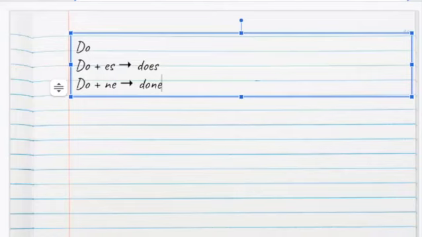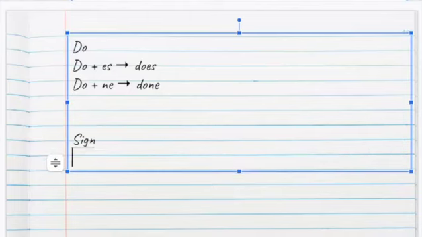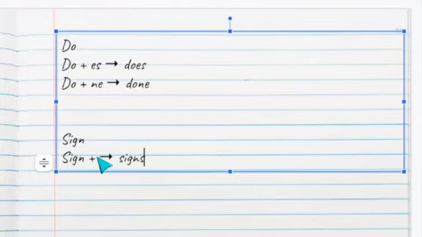So here's a common example of a sound that changes as you build out new words in the family. This changing of pronunciations is not uncommon. So think of the word sign. If I have the word signs, so sign plus S is rewritten as signs, signs.